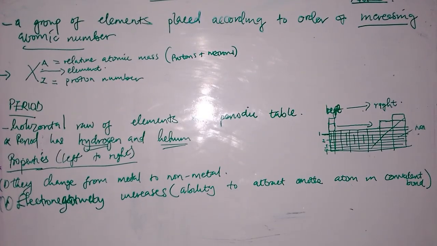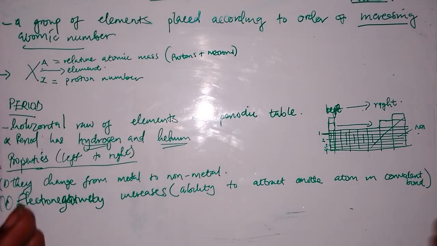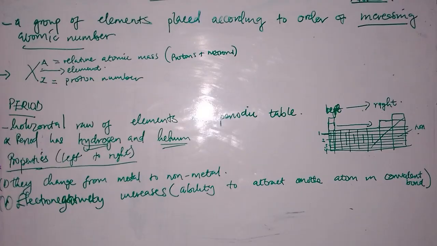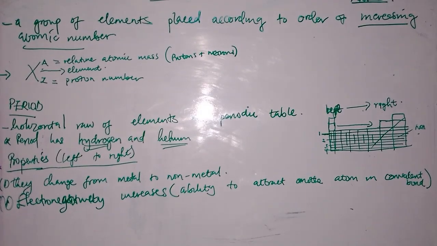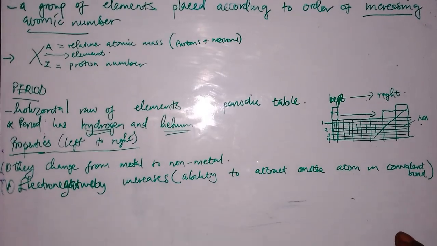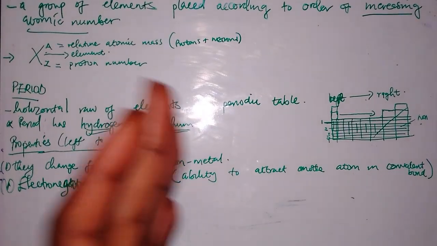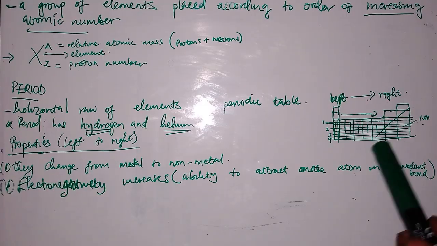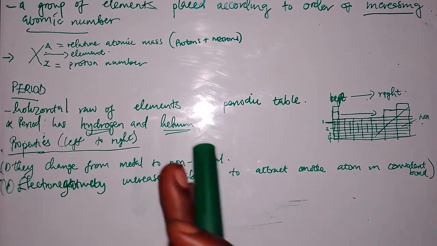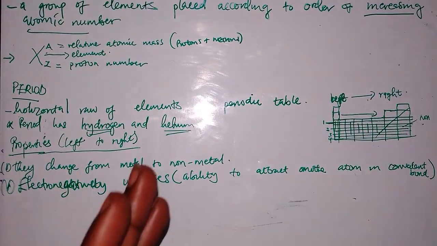So most of you have watched my chemical bonding questions. You know that when we talk about covalent bond, we are talking about a bond which forms between non-metals. So this makes sense because as you are moving to the right, metals start changing to non-metals.